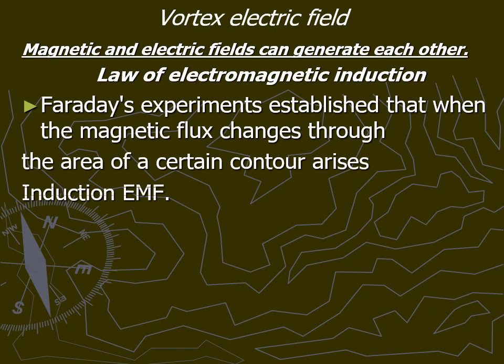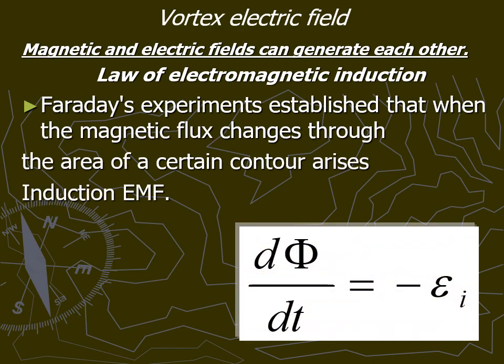Let's find out on what provisions this theory is based. The first thing we need to remember is the experiments of Faraday, who found out that if there are changes in the magnetic flux through the area of a certain circuit, then there is an EMF of induction, and an electric current arises.